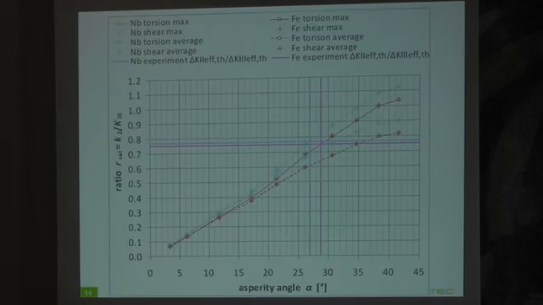And here in this diagram, this is also the dependence on the angle, but it is evaluated for two materials, for niobium and Armco iron. And here the horizontal lines represent the experimental ratio of the mode 2 and mode 3 effective thresholds.